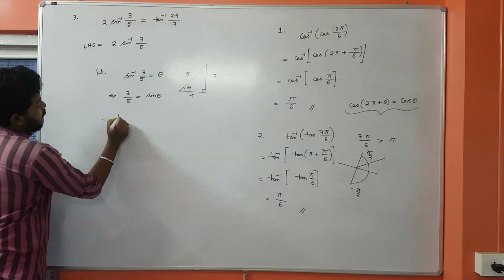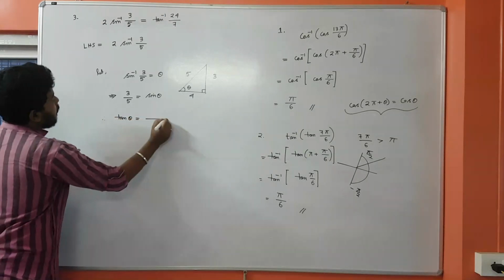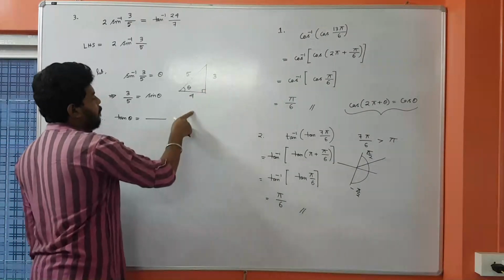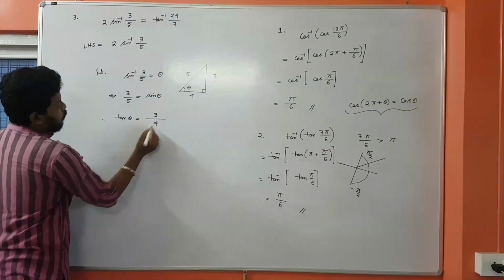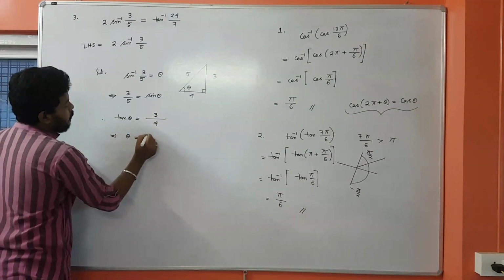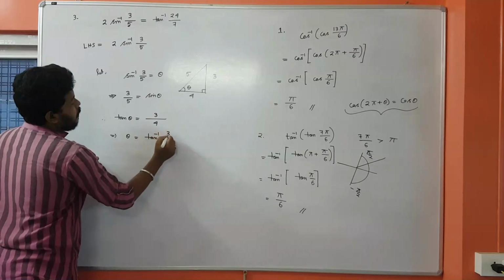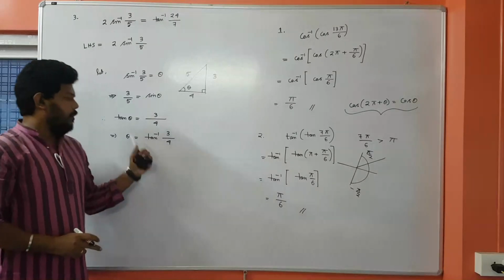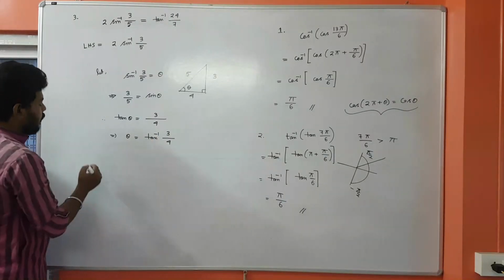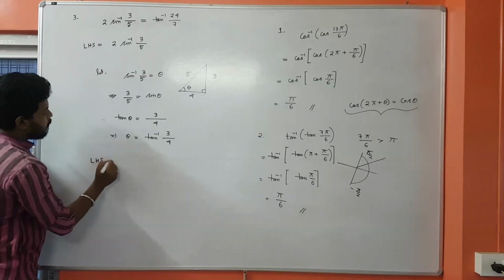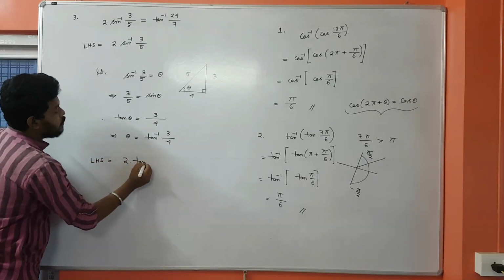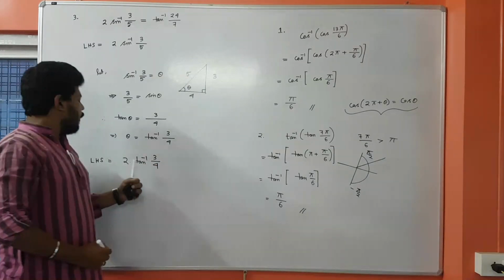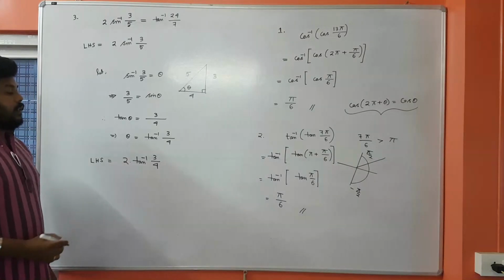Now, if I find tan theta, what is tan theta? Tan theta will be perpendicular by base, which is equal to 3 by 4. That means theta is equal to tan inverse of 3 by 4. Therefore, your LHS becomes twice tan inverse of 3 by 4. Now we can convert 2 tan inverse of x in terms of tan again.